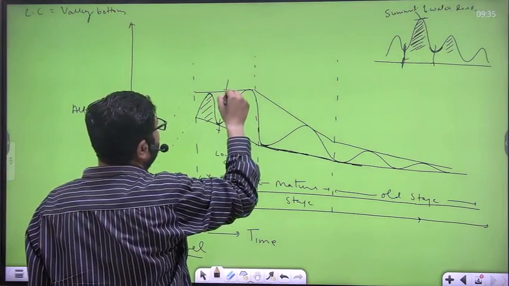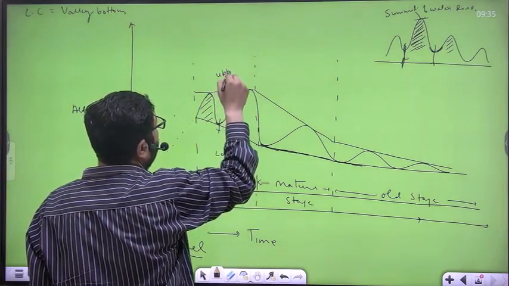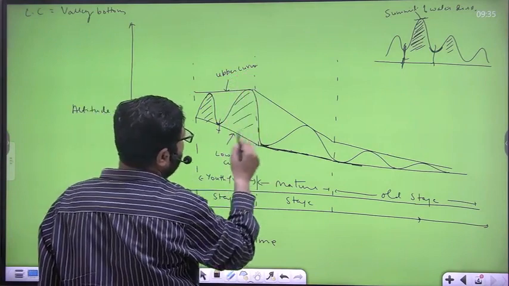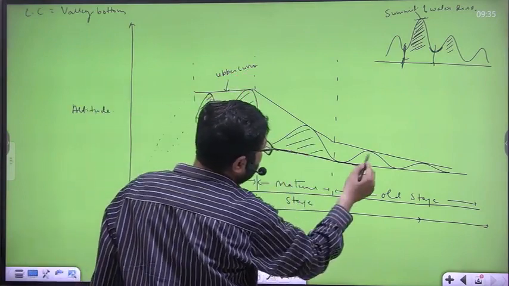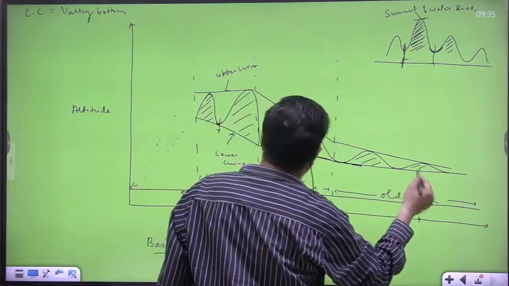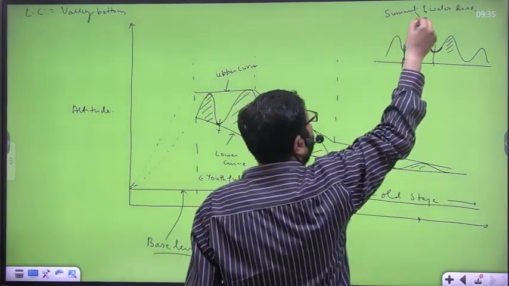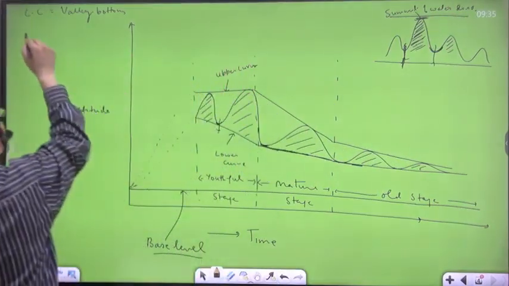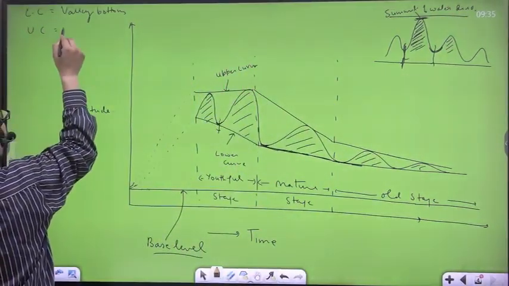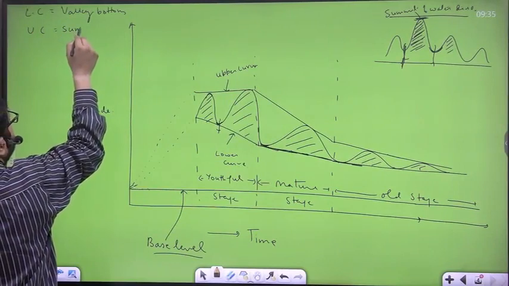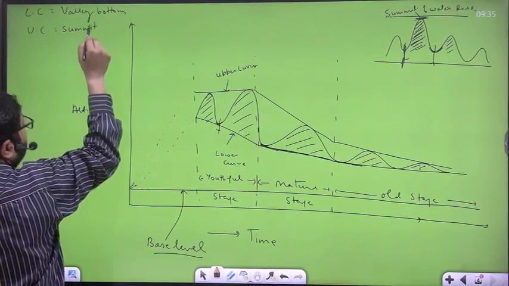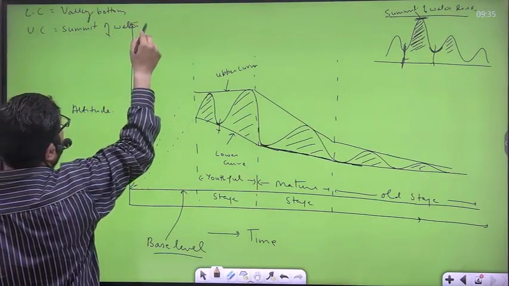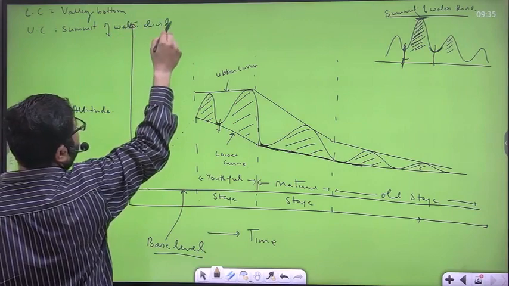This is upper curve. What does the upper curve depict? Summits of water divide. You see, it is joining summits, peaks of water divide.